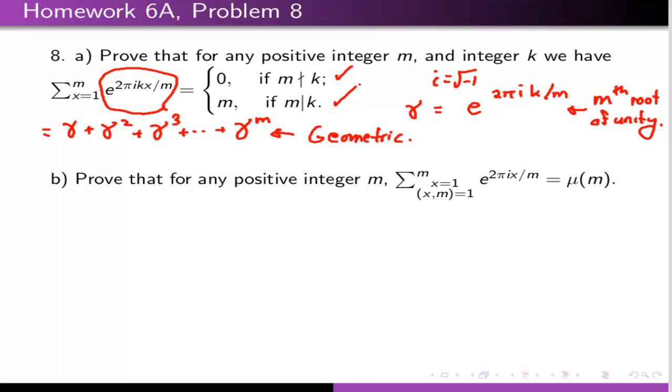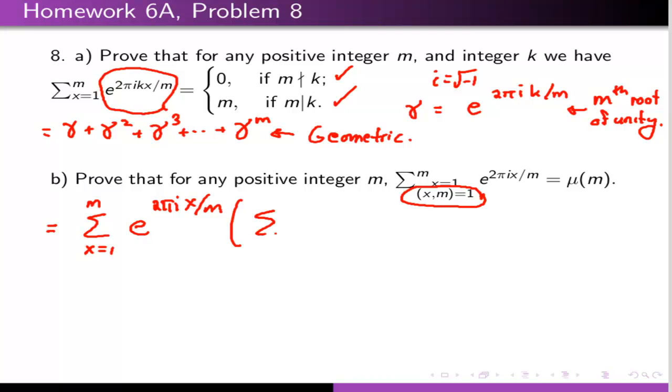And then in part B, we've got this constraint that x is running from 1 to m, but it has to be relatively prime to m, e to the 2 pi i x over m. So let's turn it into a complete sum. And then I have to put in a characteristic function that plucks out when x is relatively prime to m.